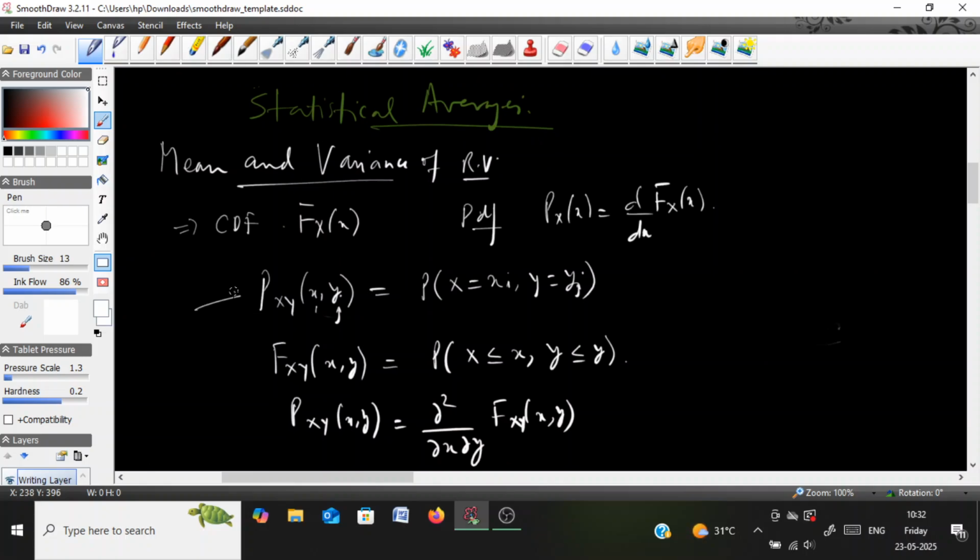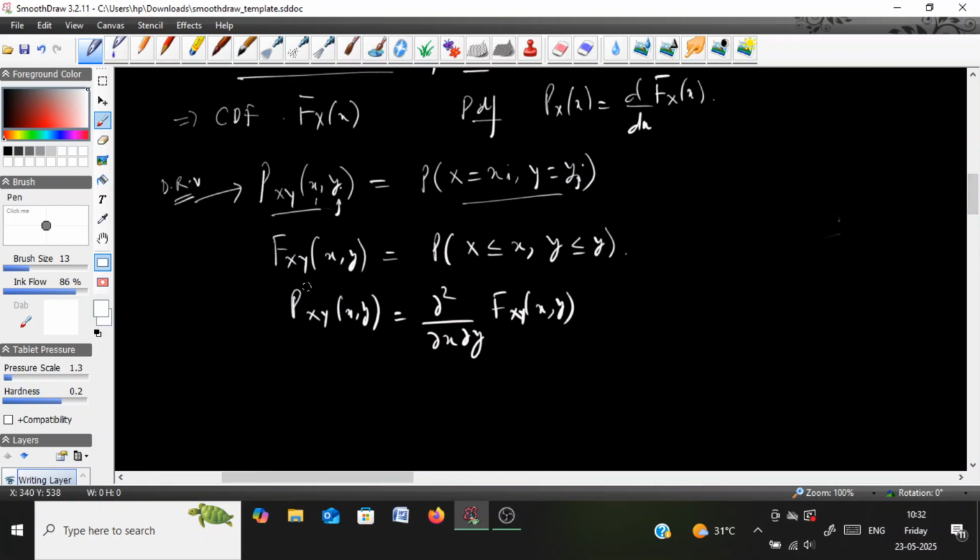So this is the joint PDF for discrete random variable. This we have already discussed in the last class. This is the joint CDF for continuous random variable, and this is the joint PDF for continuous random variable, which is defined in terms of the derivative of the joint CDF.